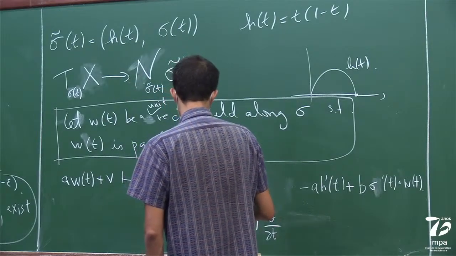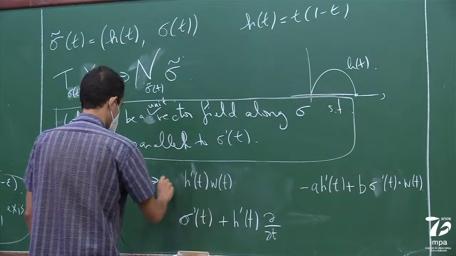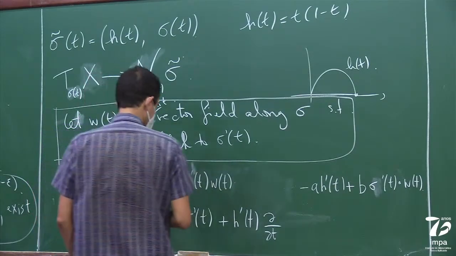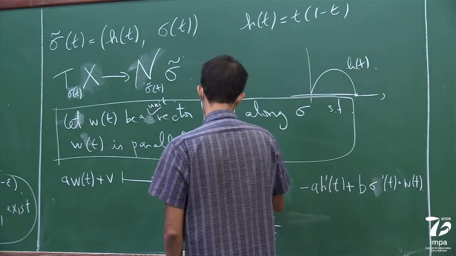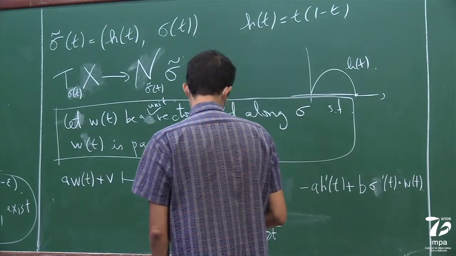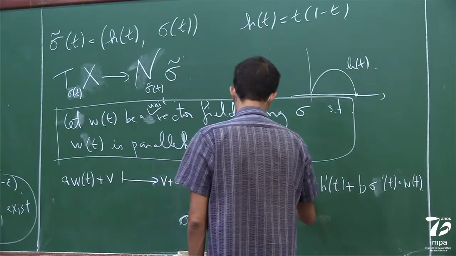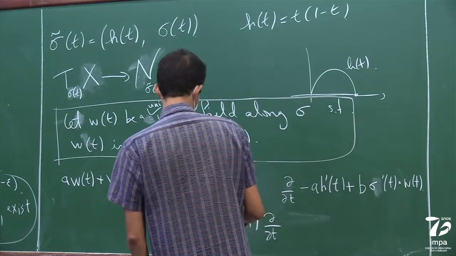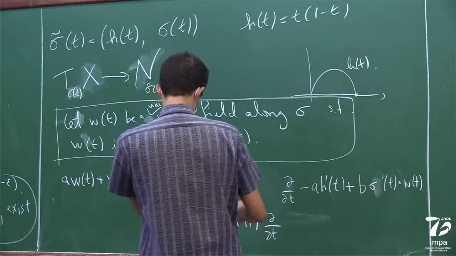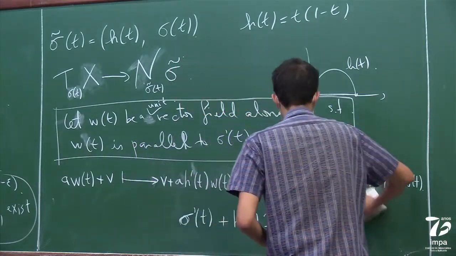So then I think I want to put the A here. V plus A, and then I have minus A times... yeah, and now I think I know.